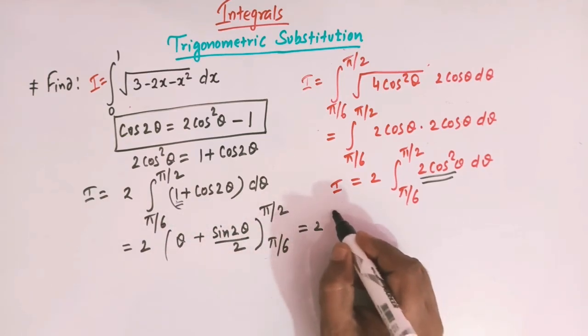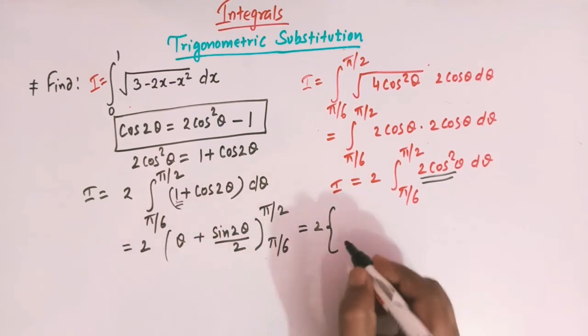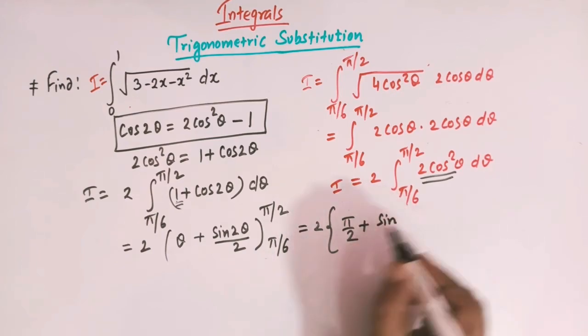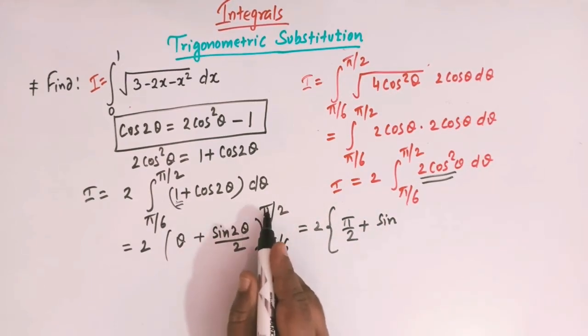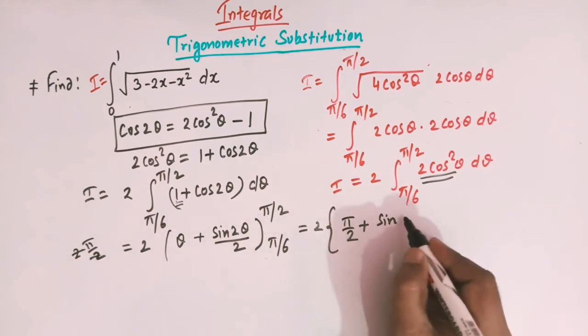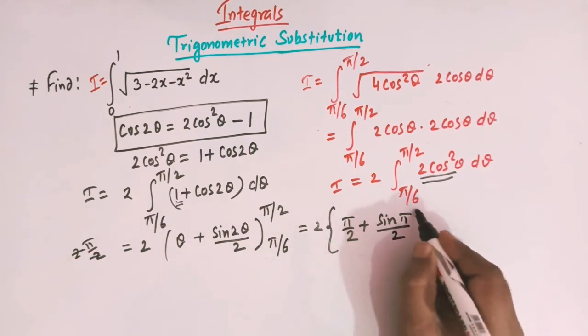Okay, now here we can substitute the limits and we'll take the difference. So we have 2, and first we will take pi by 2 here. So we have pi by 2 plus sine. Here when we take pi by 2, we have 2 times pi over 2, 2 and 2 get cancelled, so we are left with simply pi, sine pi over 2.